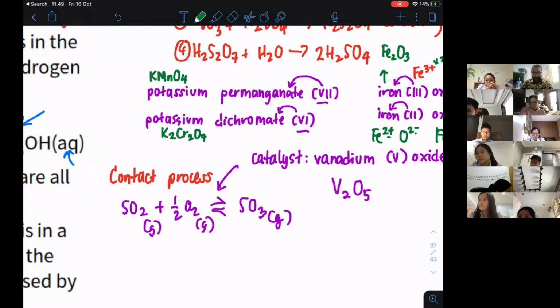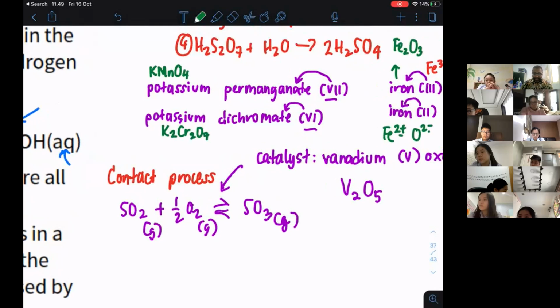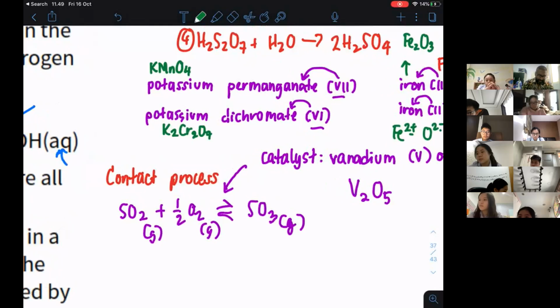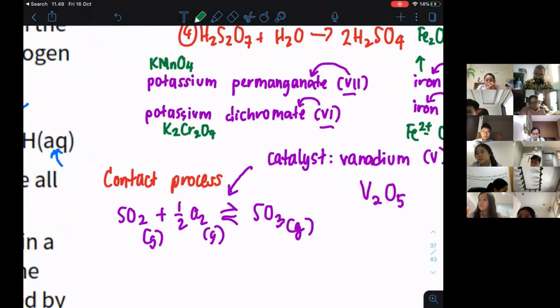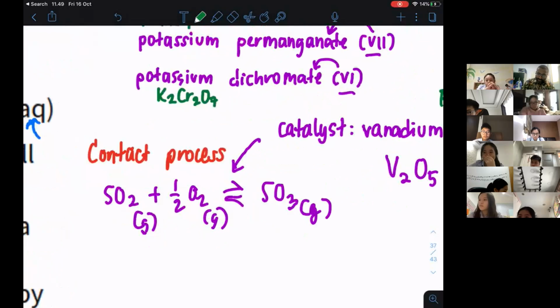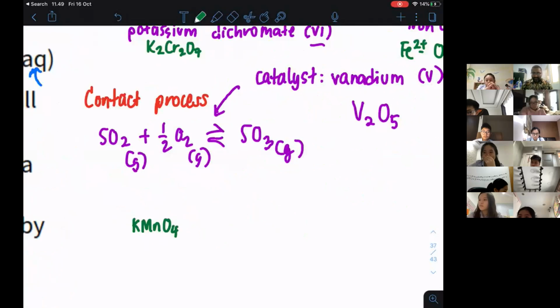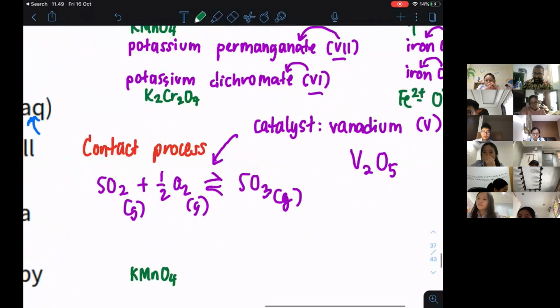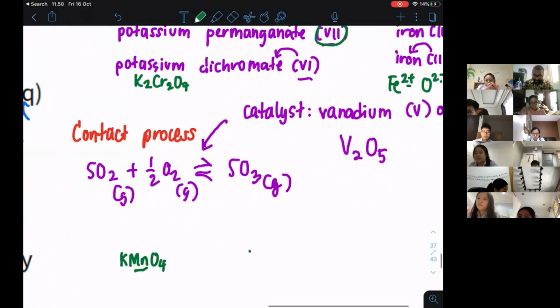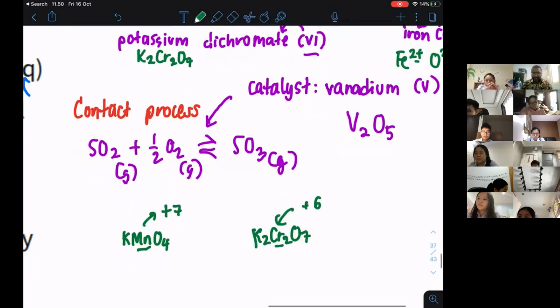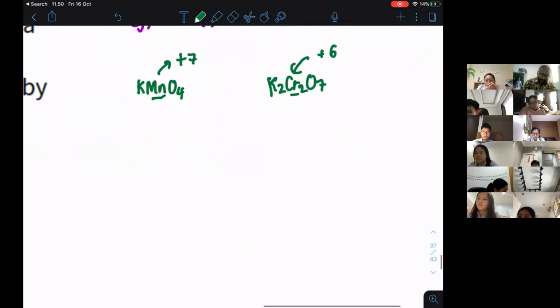Let's try to prove whether the oxidation number in KMnO4 is 7. If you're not sure about K2Cr2O7, whether the Cr is +6, let's prove it. You can separate them.